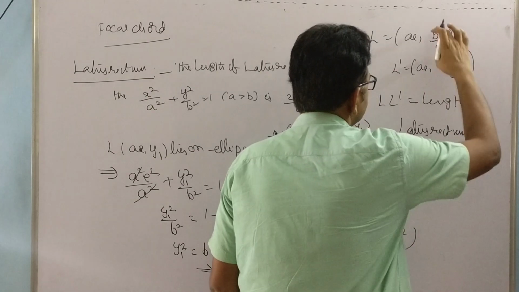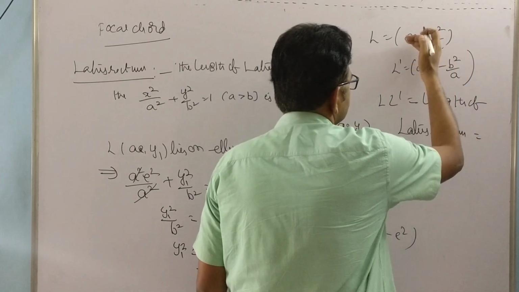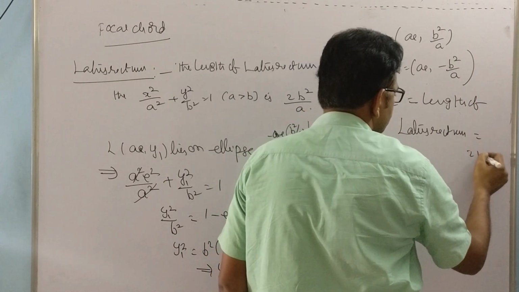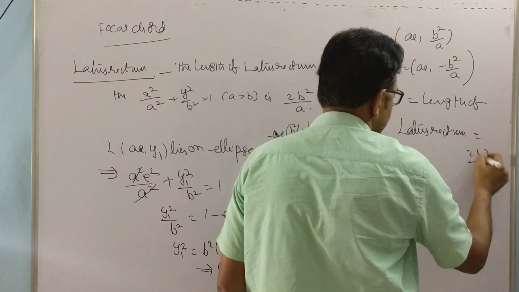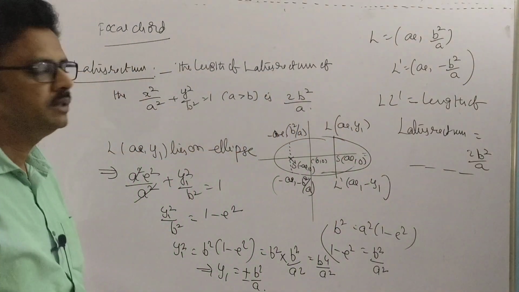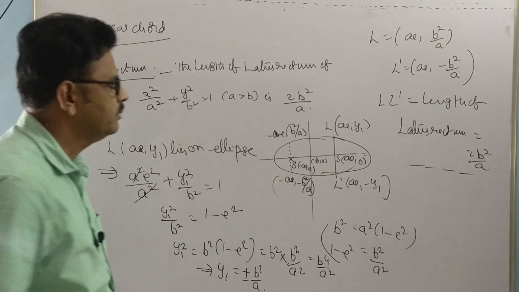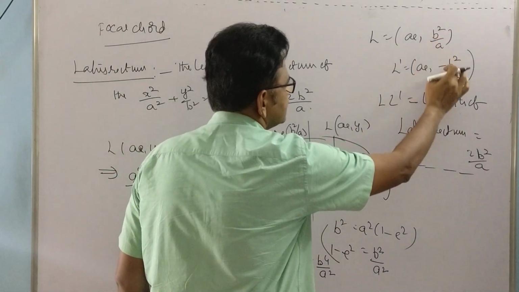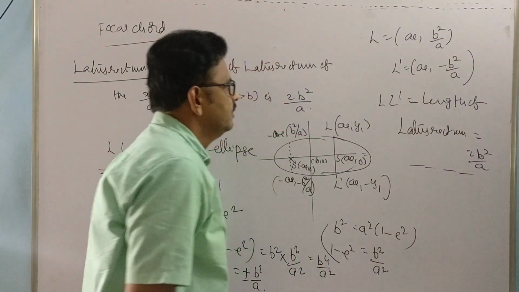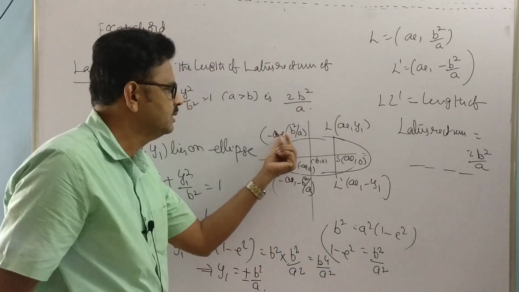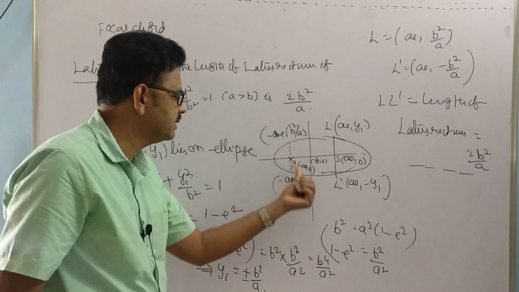is equal to the distance between these, which is b square by a plus b square by a, that is 2b square by a. So the length of the latus rectum is 2b square by a. The end points of the latus rectum are (ae, plus or minus b square by a) and (minus ae, plus or minus b square by a).